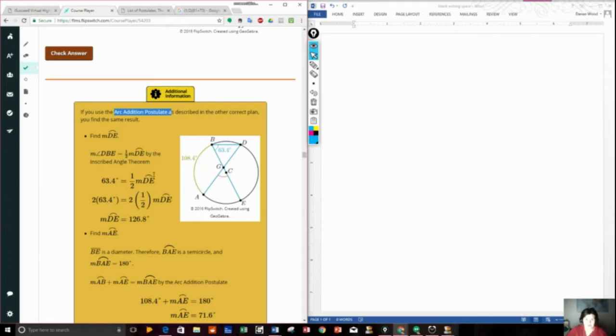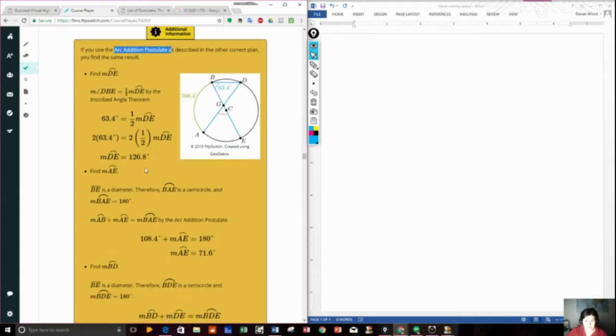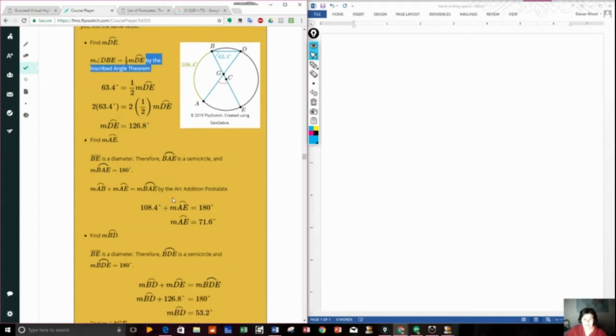So there's the arc addition postulate in the other correct plan. Then we have by the inscribed angle theorem, and then I am just scrolling through arc addition postulate.